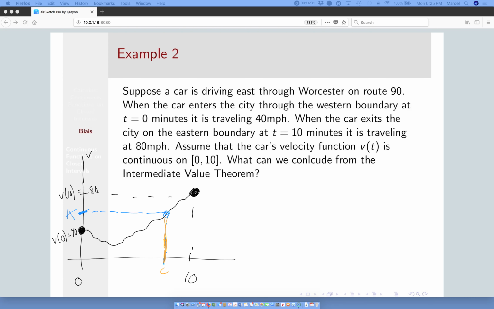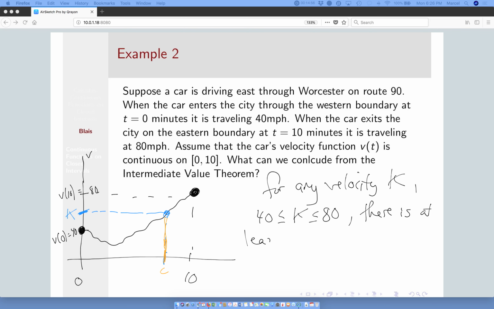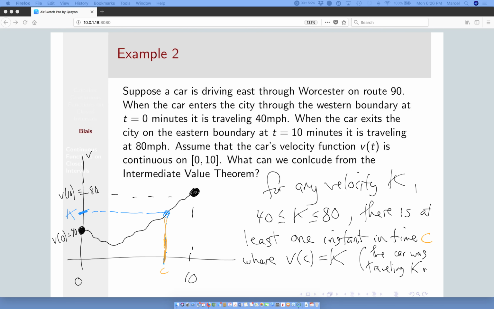Intuitively, for any velocity k, where k is between 40 and 80, there is at least one instant in time, which we'll call c, depicted in orange, where v of c is exactly k, i.e. the car was traveling k miles per hour at time c.